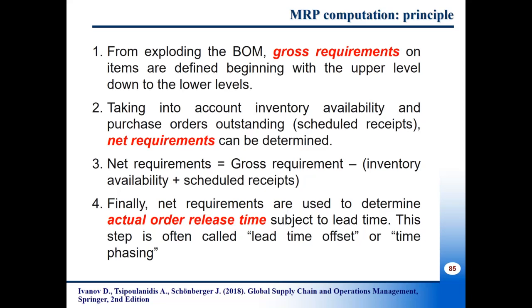The equation for calculating net requirement is gross requirements minus inventory availability minus scheduled receipts. Finally, net requirements are used to determine the actual order release time, subject to lead time. This step is often called lead time offset or time phasing.